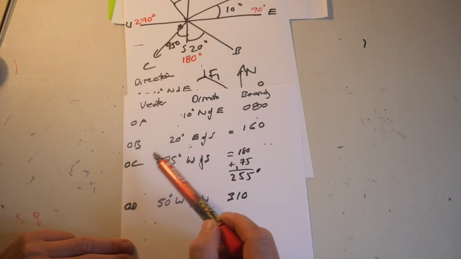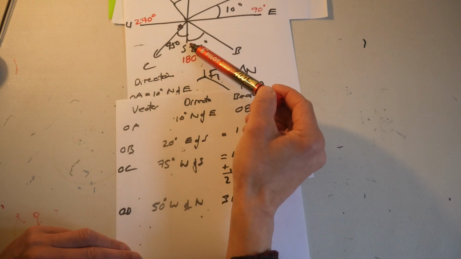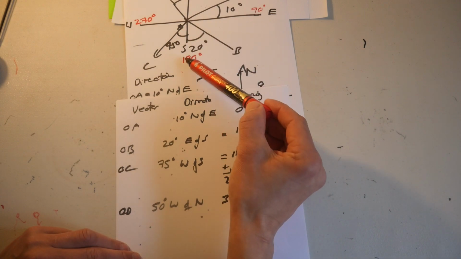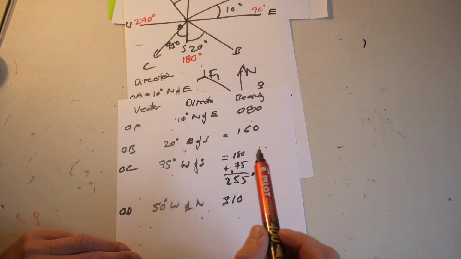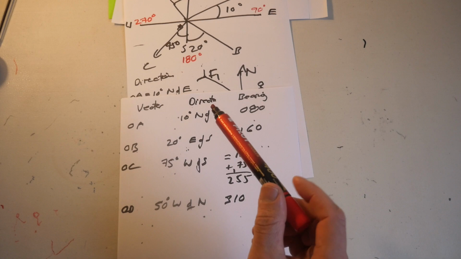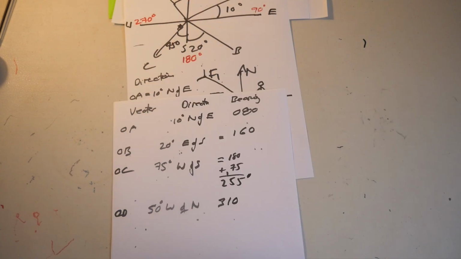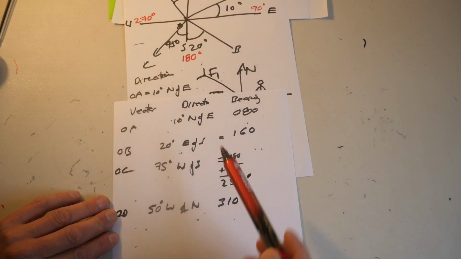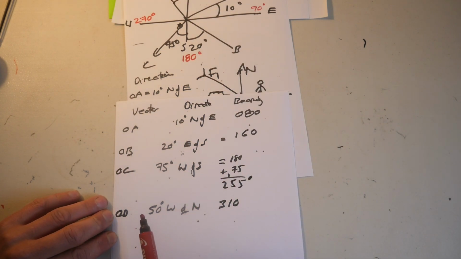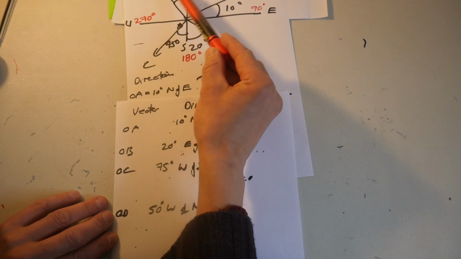When you have OC, that is 75 degrees west of south, that is 180 plus 75, which is the bearing of 255. And OD is 50 degrees west of north, so OD has a bearing of 360 minus 50, which is 310, okay?